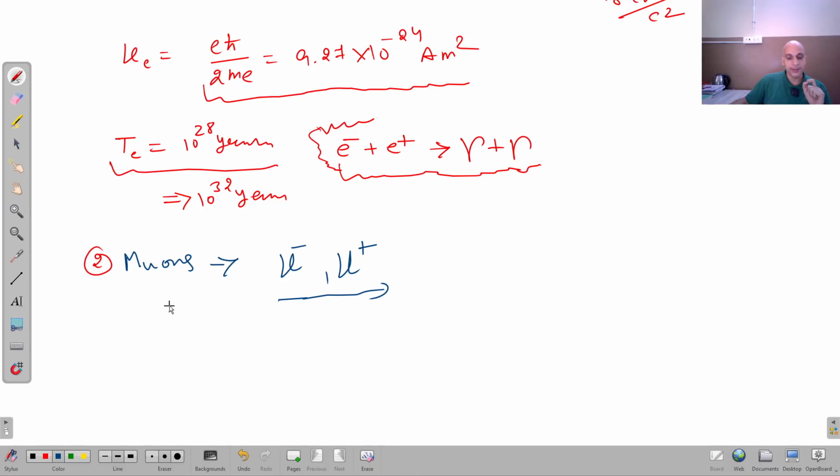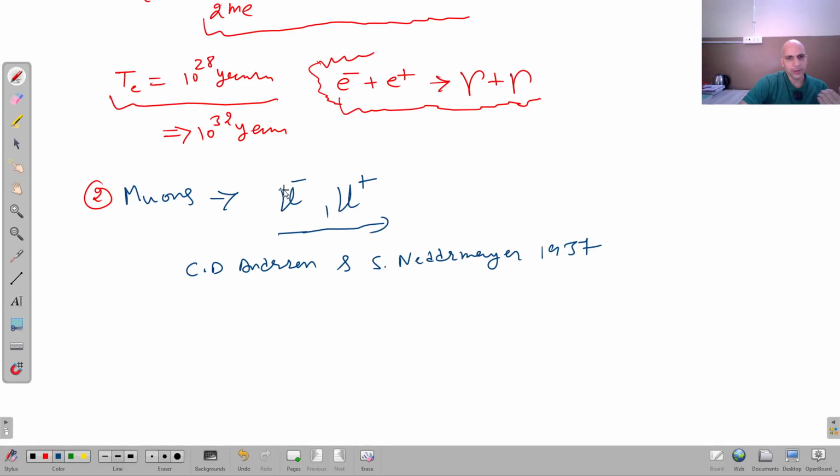Both these particles have charge equal to the charge of the electron. This has positive and this has negative. Both of them have half-integral spin, meaning they are fermions, right? And this particle is the antiparticle of this one, right?